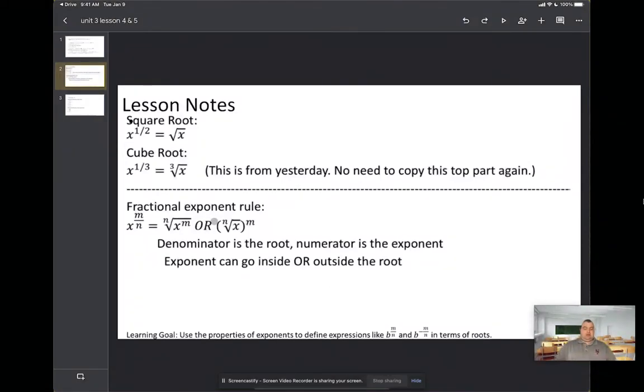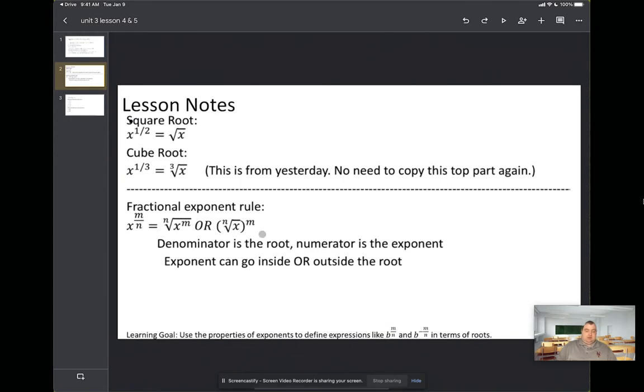It turns out that when I have a fractional exponent, the denominator is still the root. So if the denominator is 2, it's still a square root. If the denominator is 3, it's a cube root, so on and so forth. So that still holds true. What the numerator tells us is the exponent.